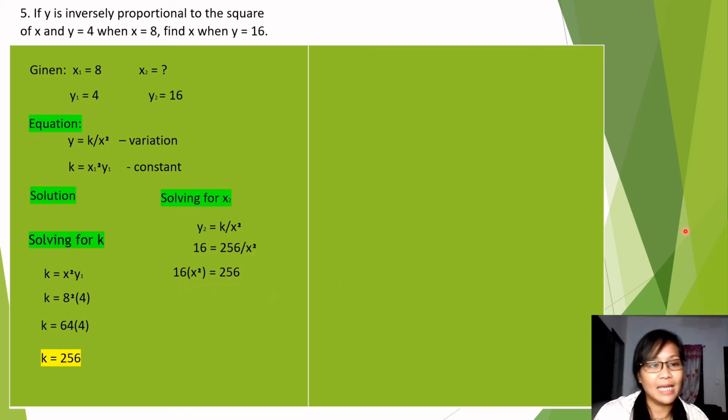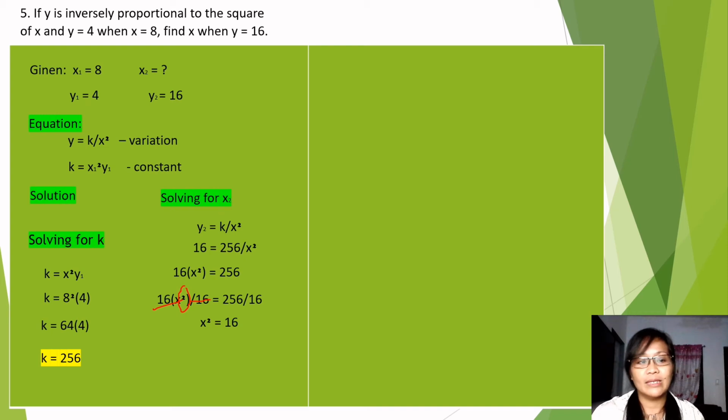Then isolate our variable by dividing both sides by 16. So we have now 16 x squared all over 16 is equal to 256 all over 16. So we can cancel now 16 and 16. Therefore, we have x squared is equal to 256 divided by 16, which is 16.